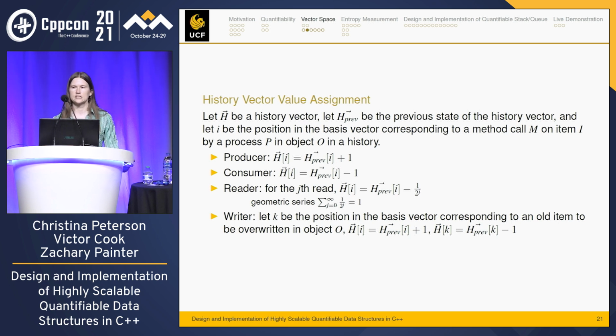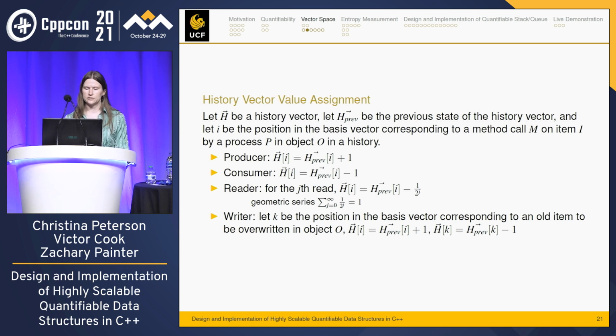If the method call is a consumer, we're going to subtract 1 from that position in the basis vector. The idea is that we want to be able to add up the values, and if anything is happening that isn't expected, like we're consuming something that doesn't exist, the sum is going to drop below 0.